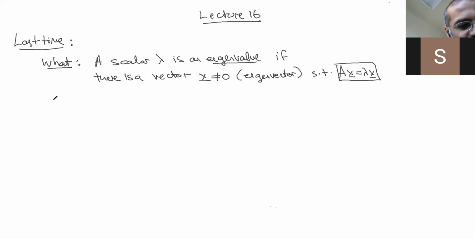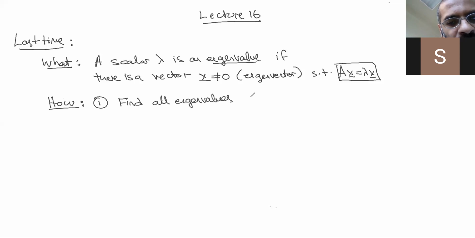And after introducing this definition, we talked a lot about how to find these eigenvalues and eigenvectors. In particular, we described a two-step algorithm that does this. So the first step of the algorithm is find all the eigenvalues by solving a polynomial equation, the characteristic equation, which is determinant of A minus lambda I equals 0.